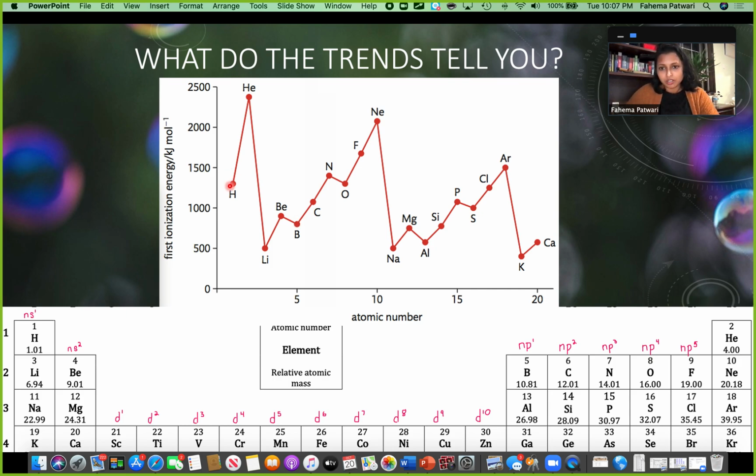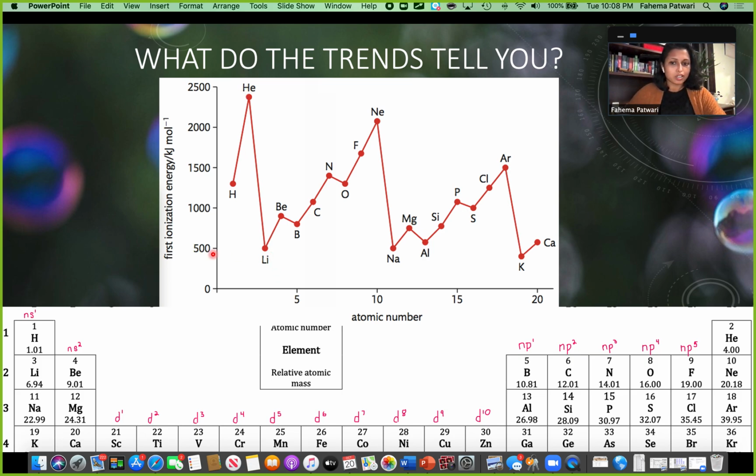Hydrogen has a relatively low ionization energy, so the electron is removed relatively easily. Helium has a very high ionization energy. What that means is it's very stable. It'll take a lot of energy to take that electron off. It's happy how it is, so helium is not likely to be ionized.